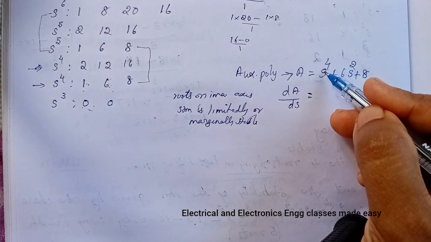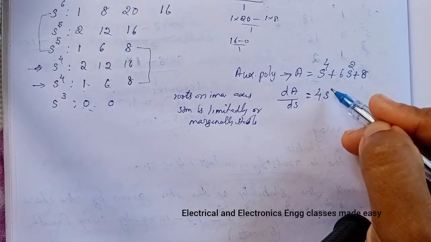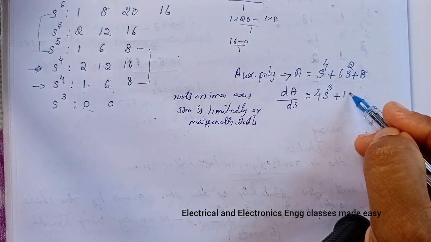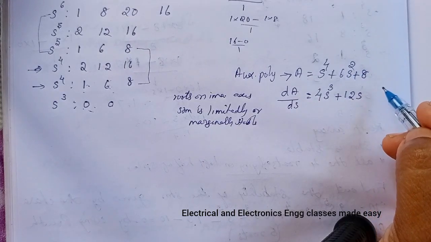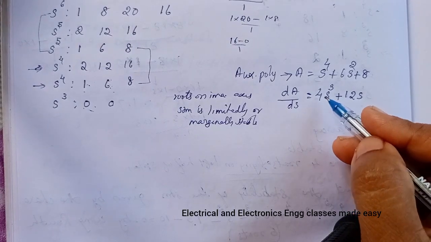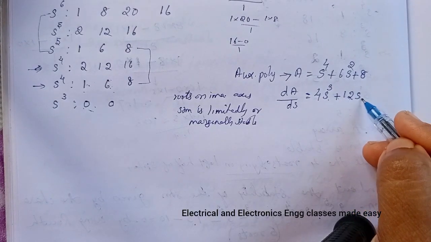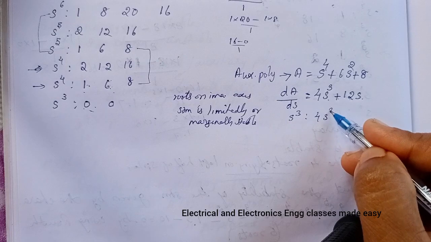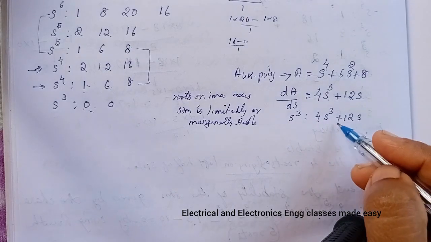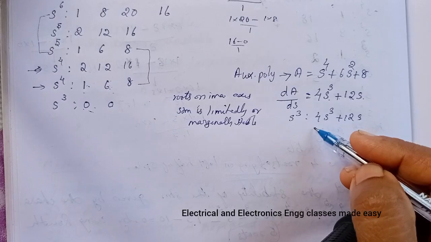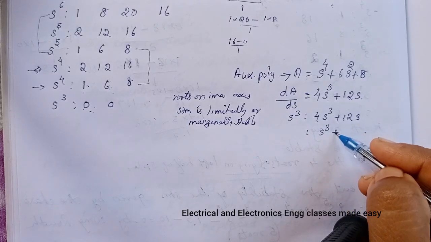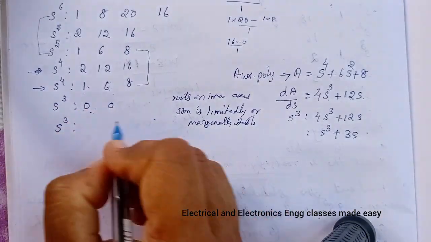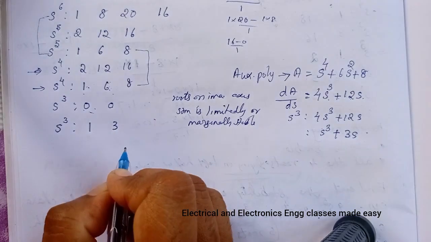We get s raised to 4 is 4s cube, then plus 6s square means 6 into 2, that is 12s, then plus 0. So this is 4s cube plus 12s. Here we can divide by 4, so we get s cube plus 3s.